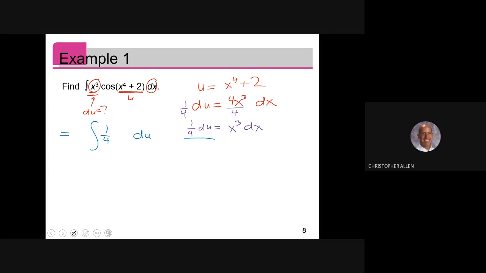I'm going to leave a little bit of room, okay? Go to green. What am I going to put in for this thing? Not u. It's cosine of u. This part is u. This part is cosine of u. So it's the cosine of u.